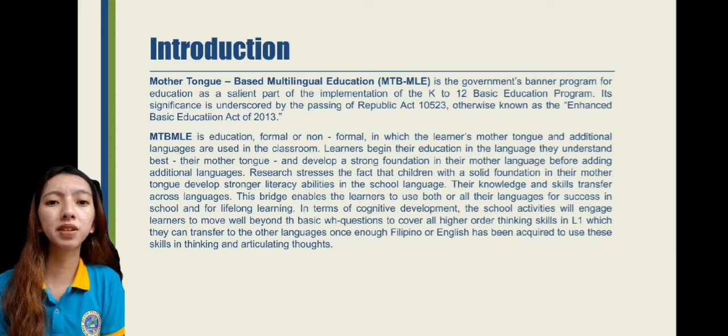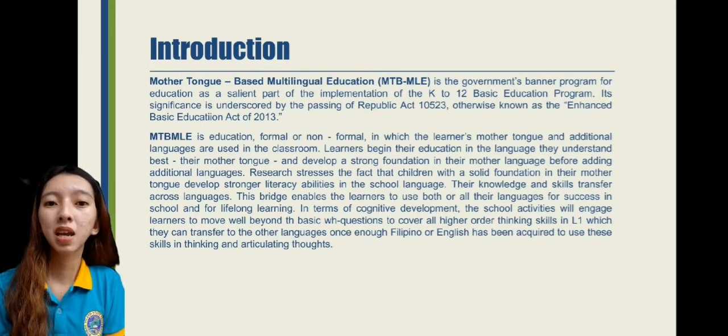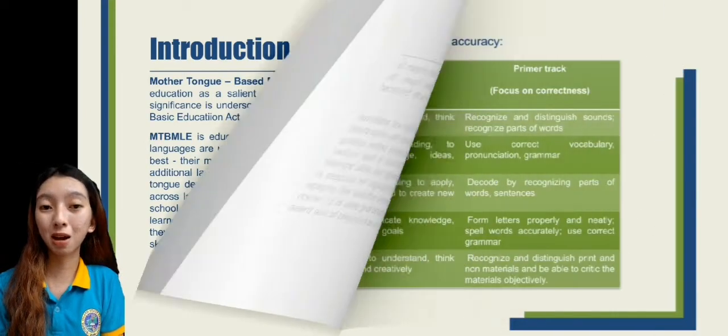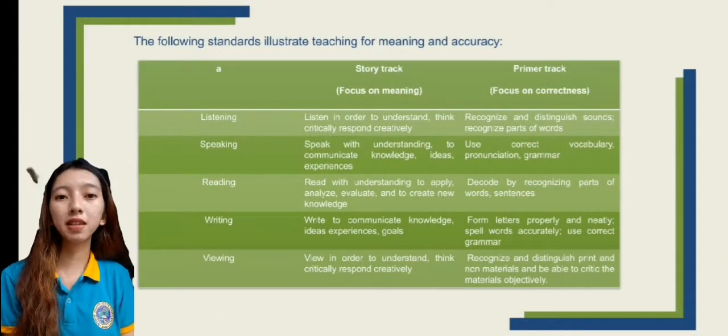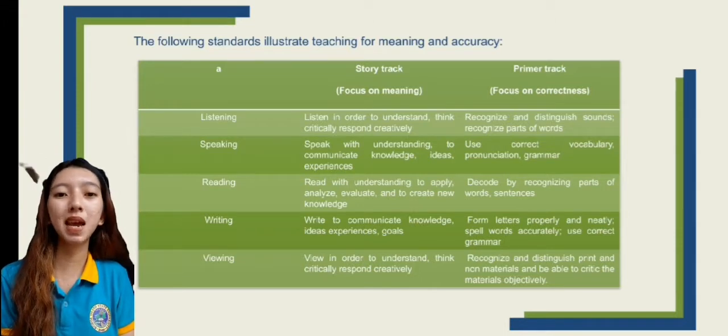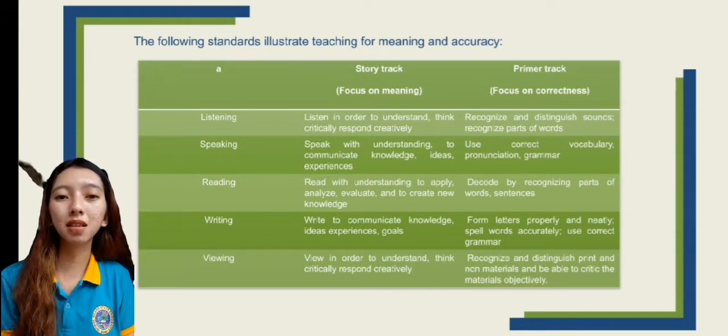This will serve as their passport to enter and achieve well in the mainstream educational system, and in the end, contribute productively to their community and to the larger society, as multilingual, multiliterate, and multicultural citizens of the country. For the effective implementation of the MTB MLE, it is suggested that the two-track method be used.